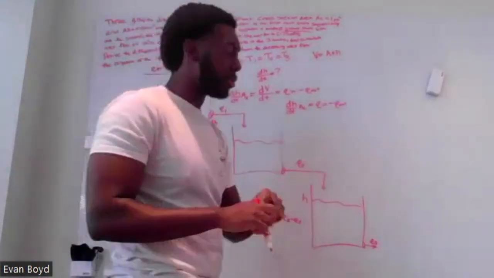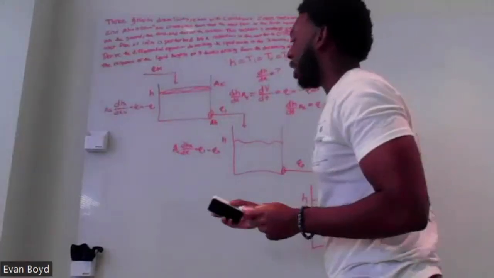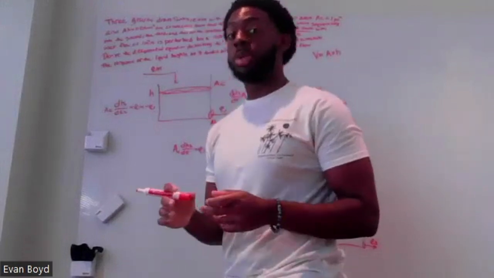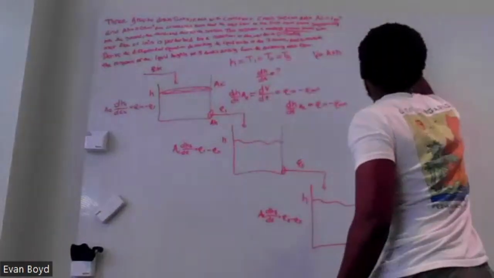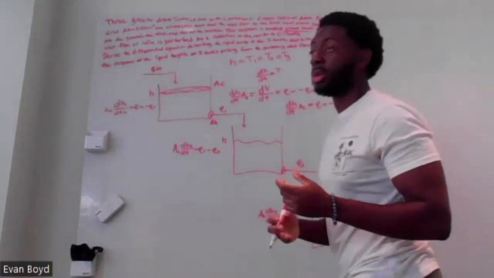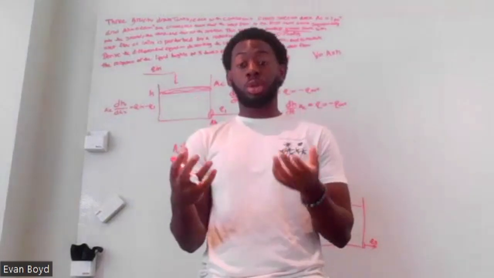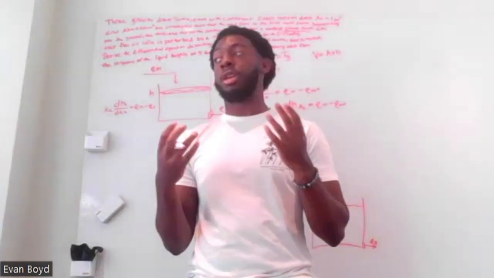Another formula we could use that can help us in this situation is Bernoulli's equation. Bernoulli's equation is a relationship between pressure and velocity in a system.